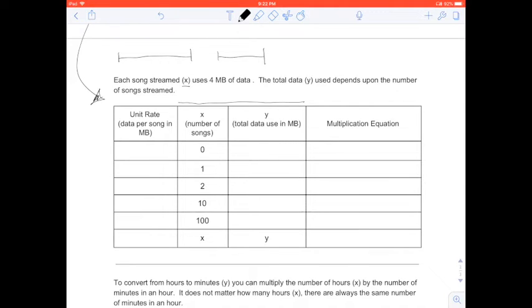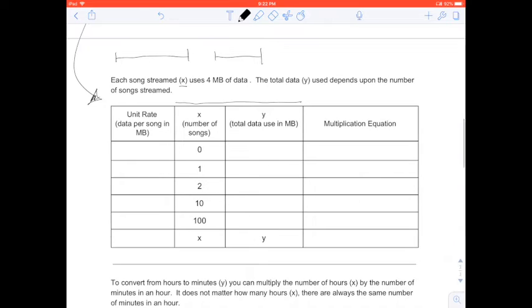But if we're talking about the course of a month and you're streaming 1,000 songs, then it's useful to think about what is probably an average and think about that as a proportional relationship. But in reality, you'll have some that are 3 and 9/10. You'll have some in 4 and 1/10. You'll have some that are 4 exactly. And you'll have some really, really long songs that might be 15.